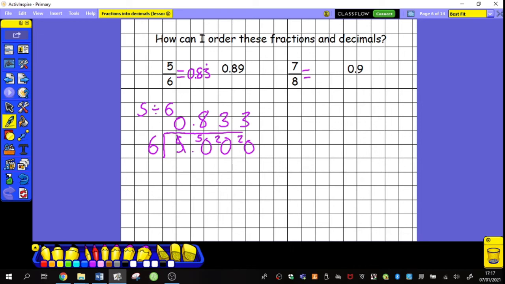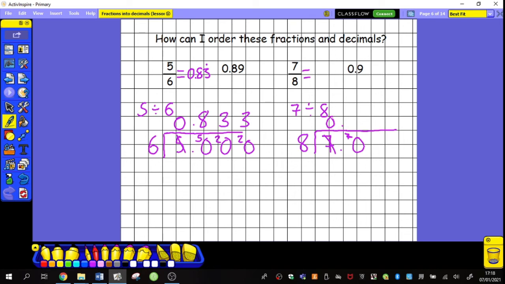Now 7/8, I'm going to do it again, so it'll be 7 divided by 8. So I'm going to use my bus stop method. I've got the 7 on the inside, the 8 on the outside. I'm going to ask myself, how many 8s go into 7? That will be 0. So I'm going to carry the 7 the other side of the decimal point. Remember there would be a 0 there. So now how many 8s go into 70?